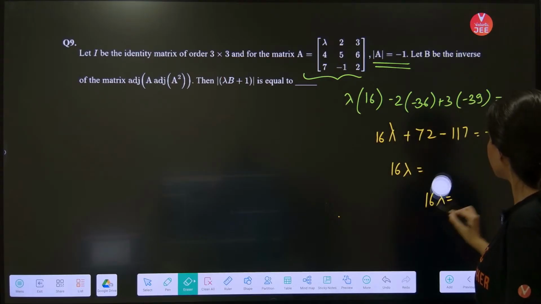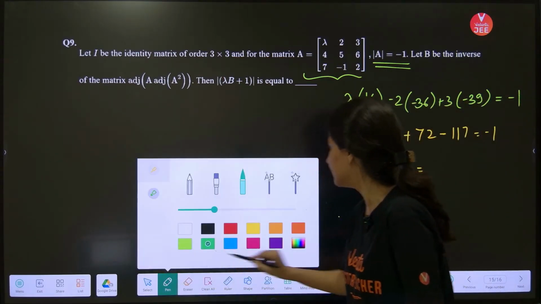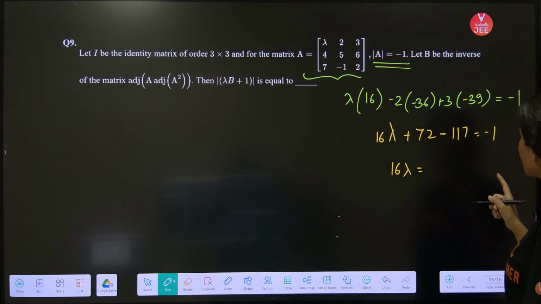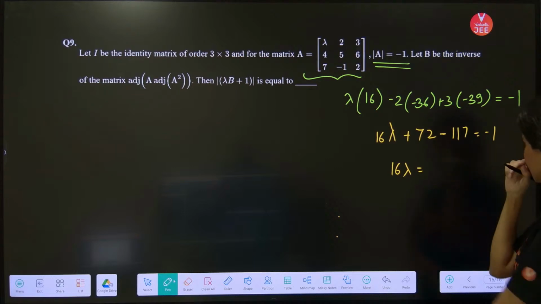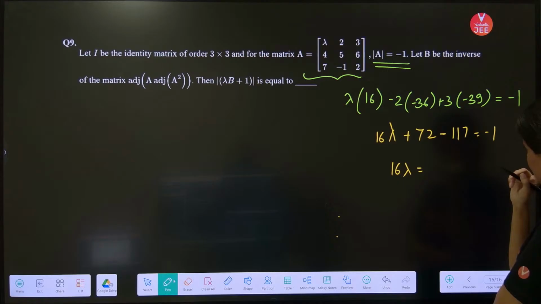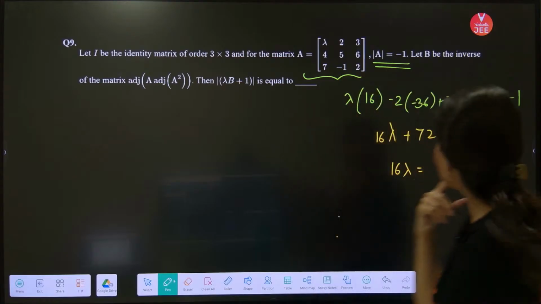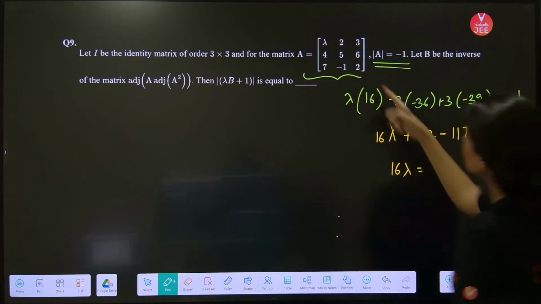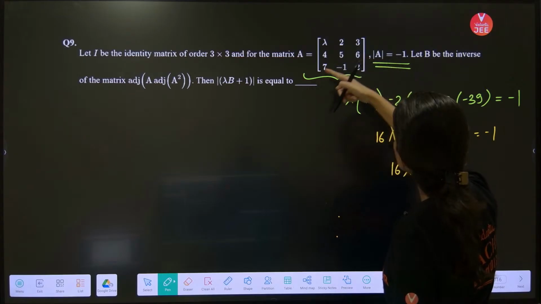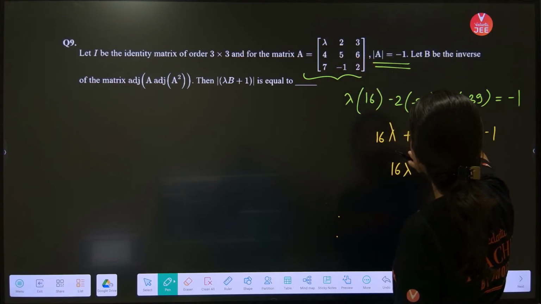Wait. Have I made any mistake? 68, not 72. Okay, 4 2s are 8, 7 6s are 42.